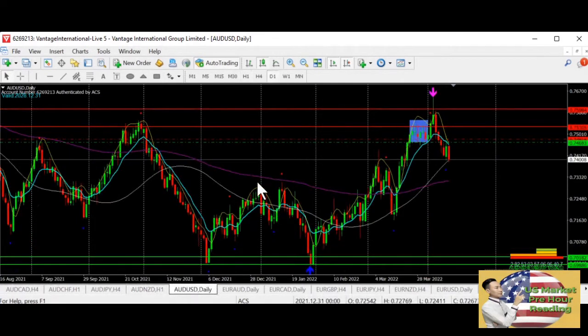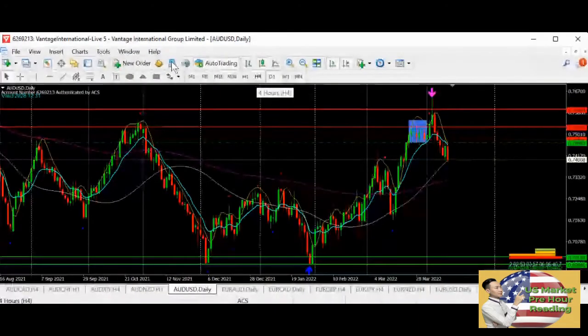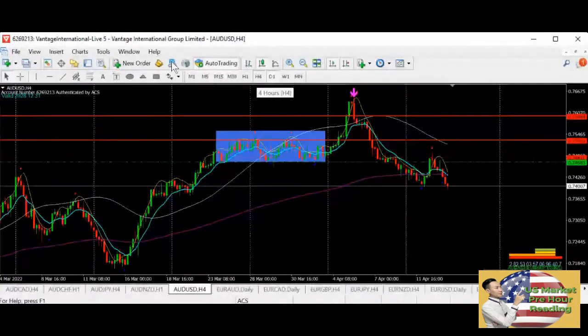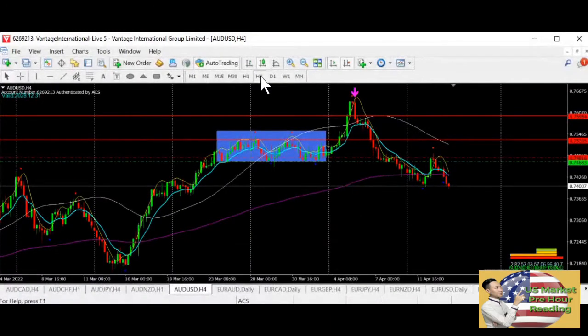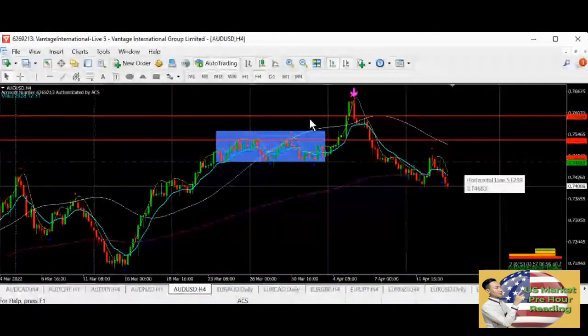Aussie dollar will be the focus for the next few days for me as a seller, because Aussie dollar shows that it's coming into the bear market. Since the trend is in the bear, I'm looking out for selling. So when I'm looking out for selling, I want to look for the correct resistance level.